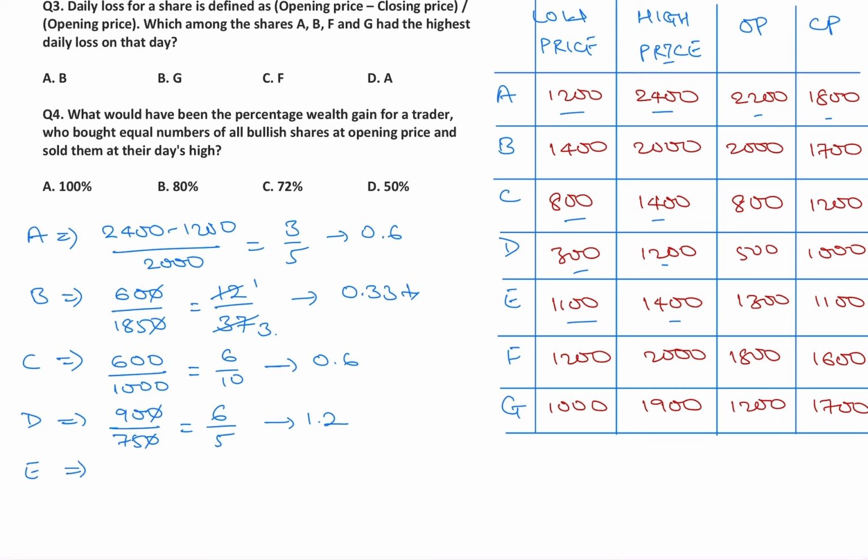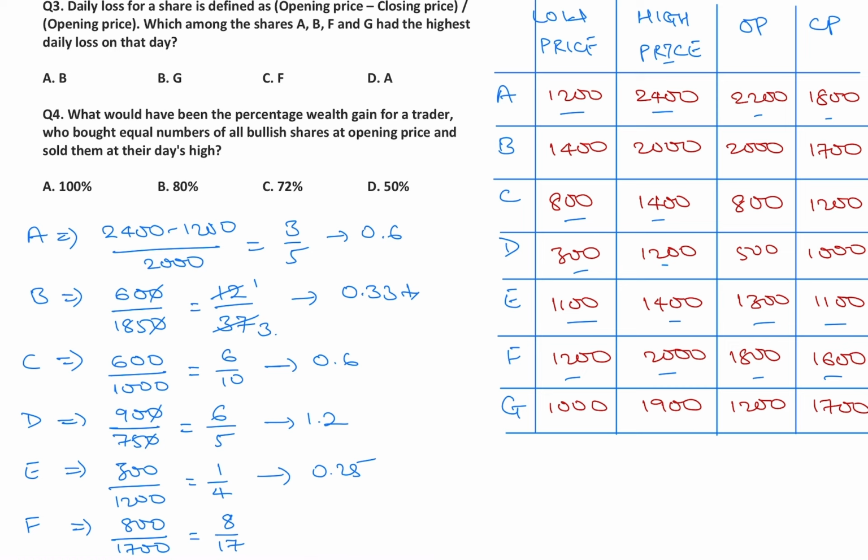Let's go to E now. E will be 1400 minus 1100. That will be 300 upon the average of 1300 and 1100, which will be 1200. So this is 1 by 4. Value will be 0.25. Let's find SPV for F. 2000 minus 1200 gives me 800 upon the average of 1600 and 1800, which gives me 1700. This is 8 by 17.